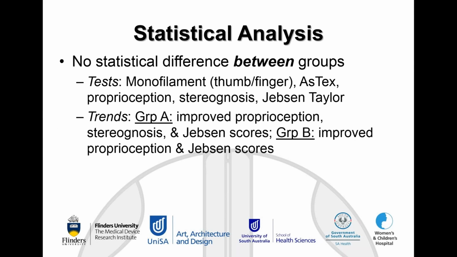But what we were able to understand, looking through the detail of the stats, was that Group A improved their proprioception, stereognosis and Jebsen scores, and Group B improved their proprioception and Jebsen scores, so not their stereognosis scores. Now, these didn't achieve statistical significance, but that's because we were underpowered with our study.